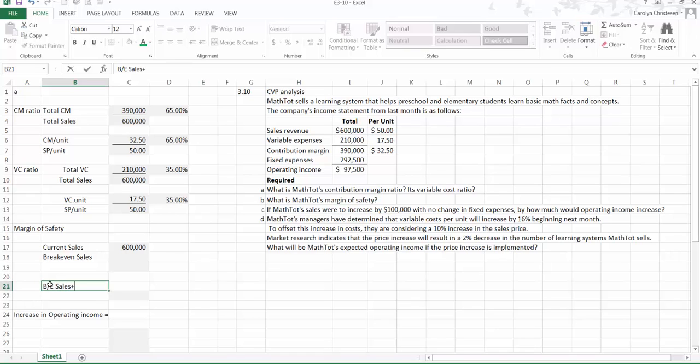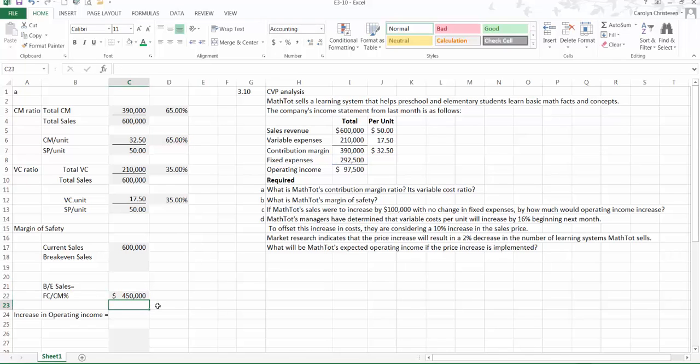All right, so hopefully you remember the break-even sales formula. Break-even in sales dollars is equal to fixed costs divided by our contribution margin percentage. All right, so we're going to set this equal to our fixed costs, $292,500, divided by our contribution margin percentage.